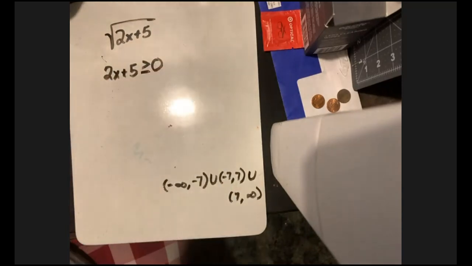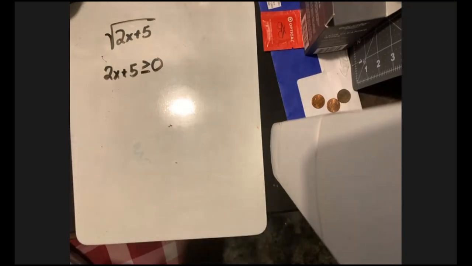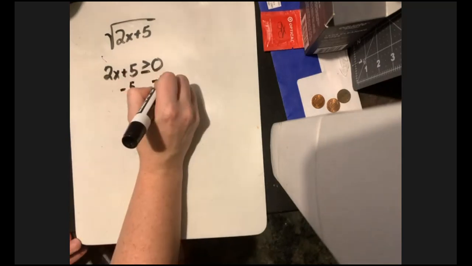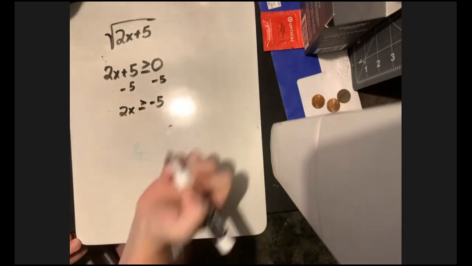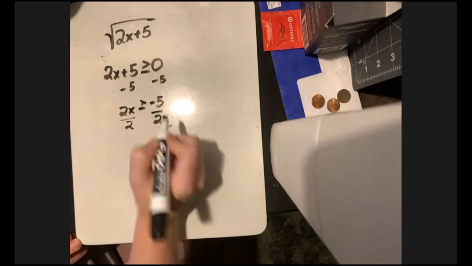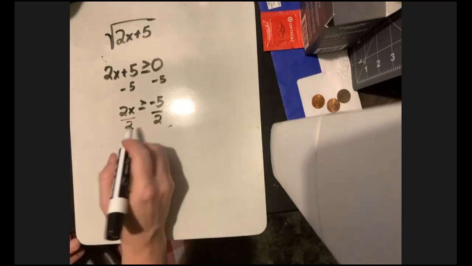And now we're going to solve this the same way that we did traditional inequalities way back over in section 1.7. So I'm going to subtract the 5. Divide by 2. Remember that it's only if you multiply or divide by a negative number that you're going to flip the symbol.